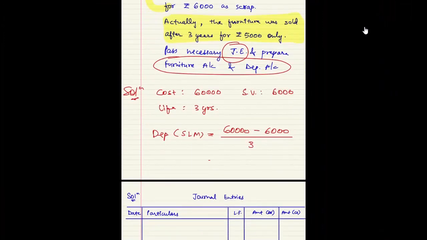So depreciation per annum would be 54,000 divided by 3, and this will give you 18,000 rupees. That is the depreciation you need to charge per annum.